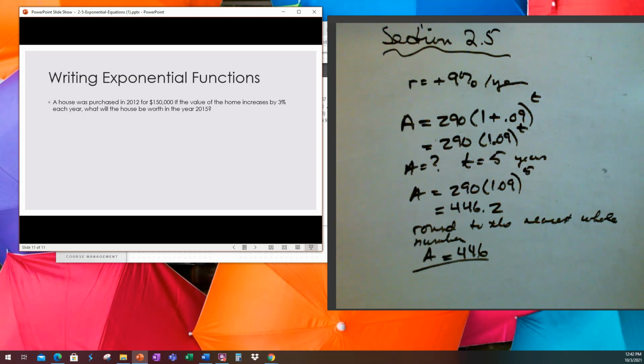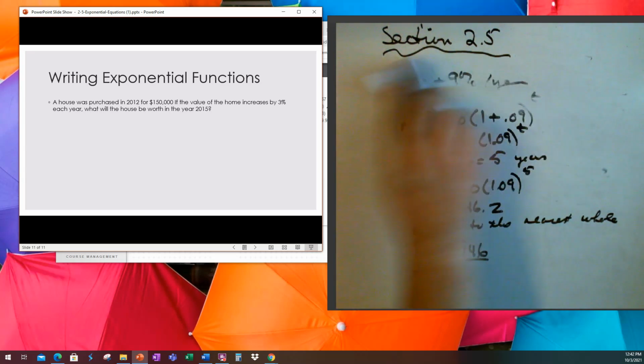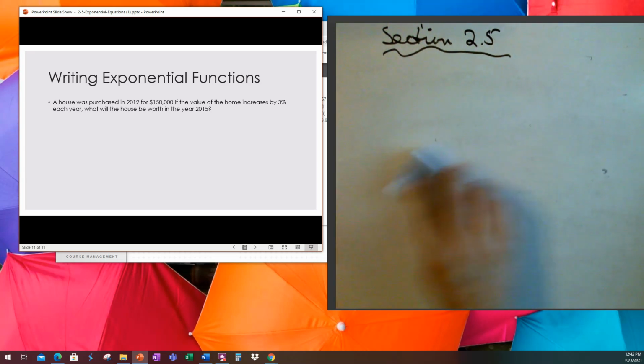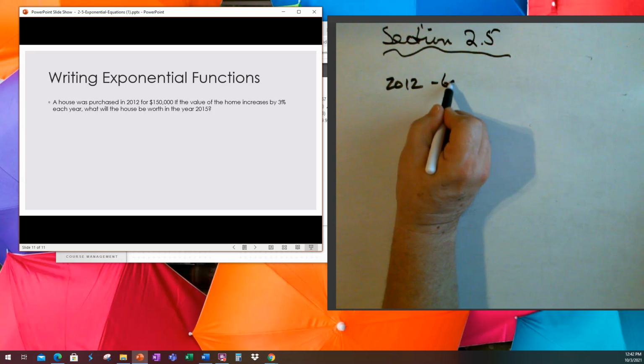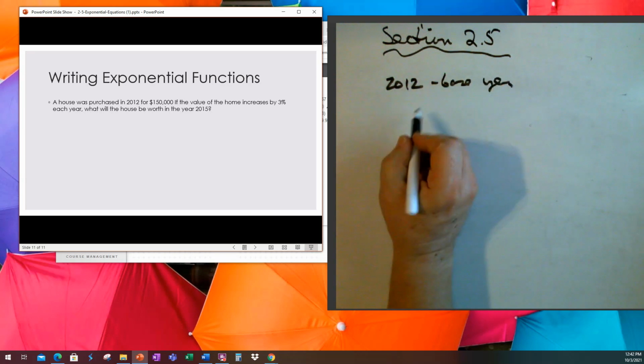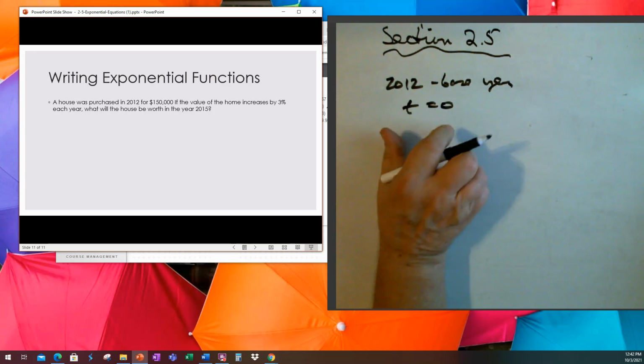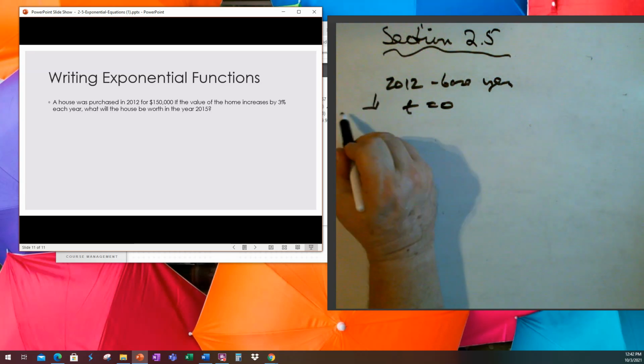Okay. So a house was purchased in 2012 for $150,000. If the value of the home increases by 3% each year, what will the house be worth in the year 2015? So 2012 is our base year, which means t is equal to 0 from that point, and this is when our model starts.